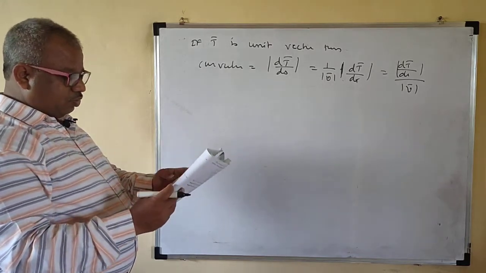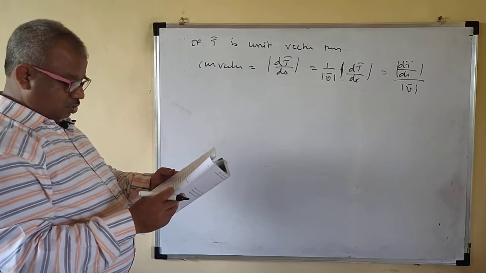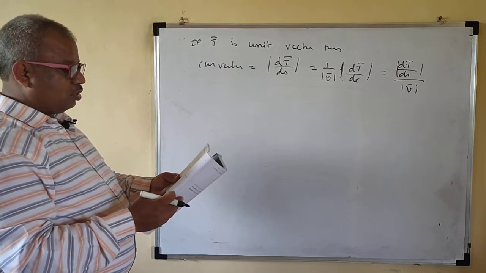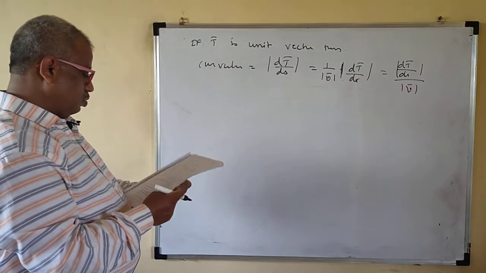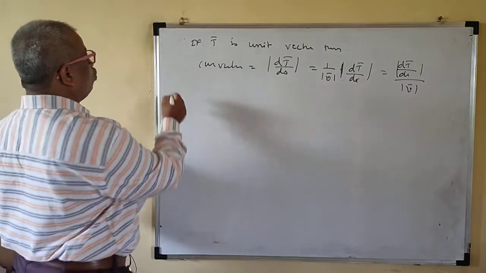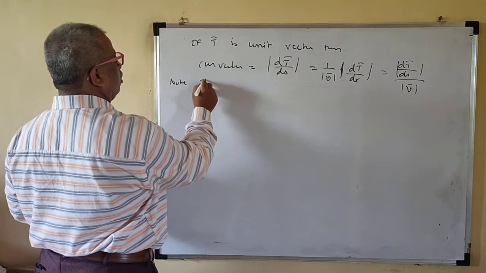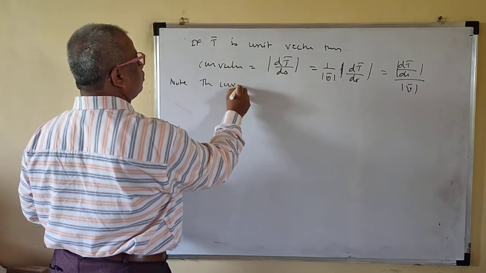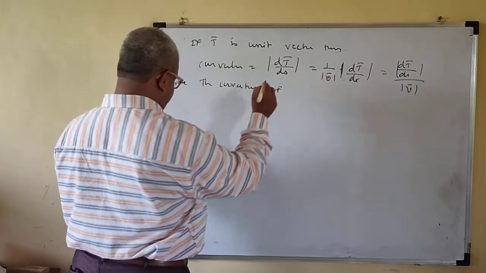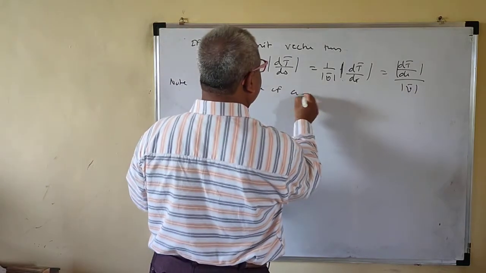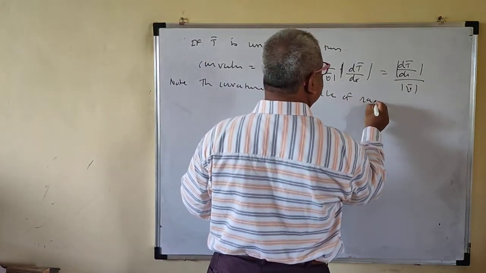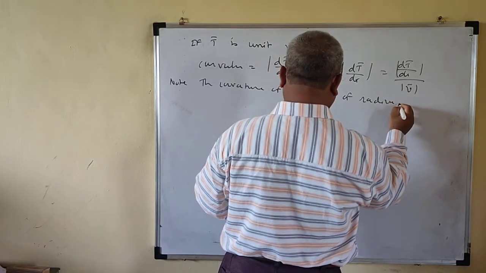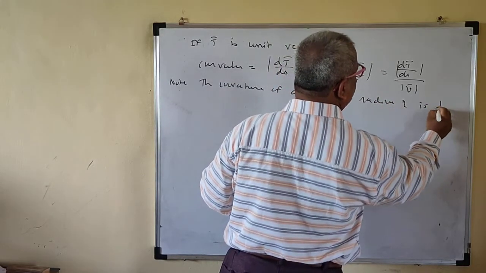For the curvature you should note the curvature of a circle of radius r is 1 by r.